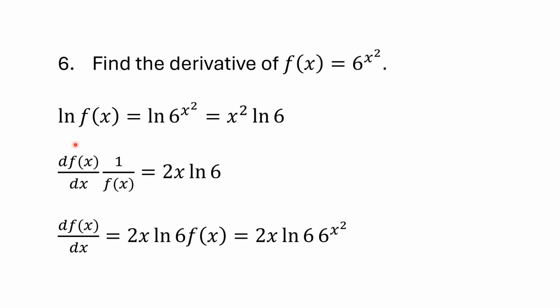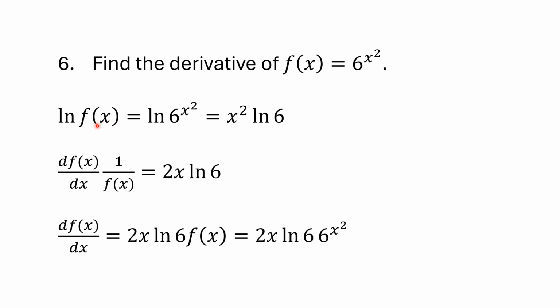Now, we don't really have f of x isolated. We have the logarithm. So when I take the derivative of the left side, I get the derivative of f of x with respect to x times 1 over f of x.